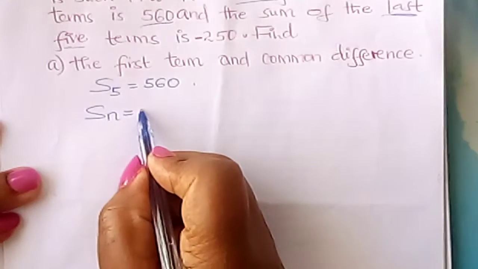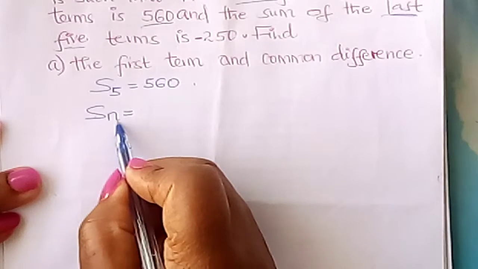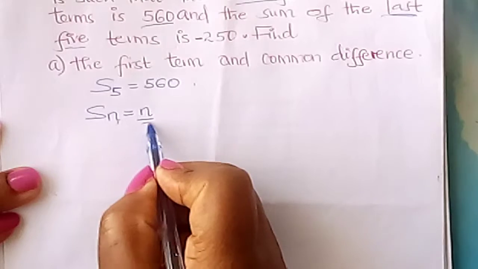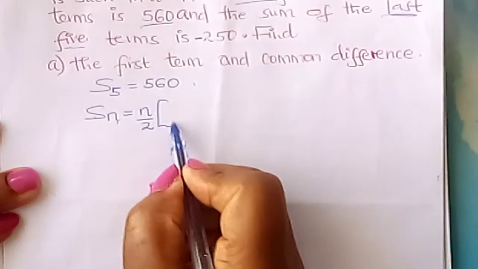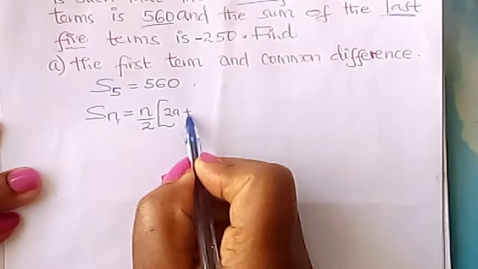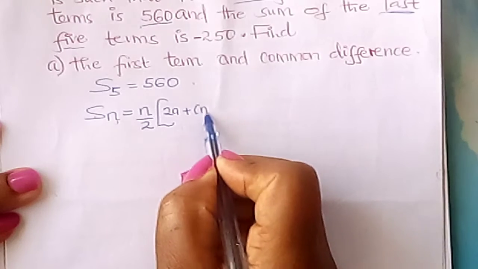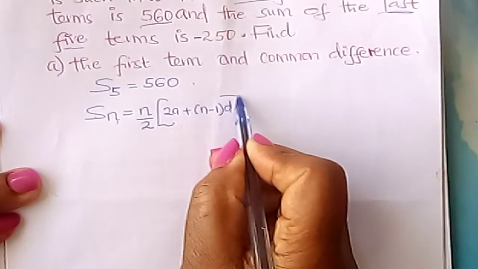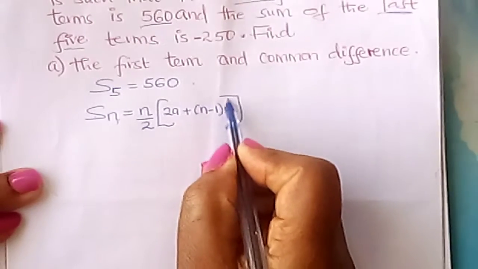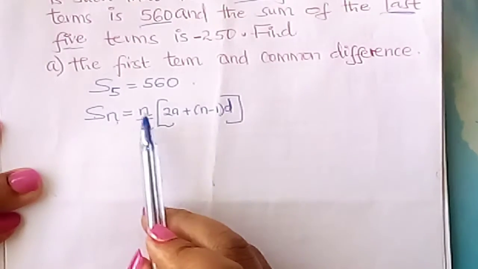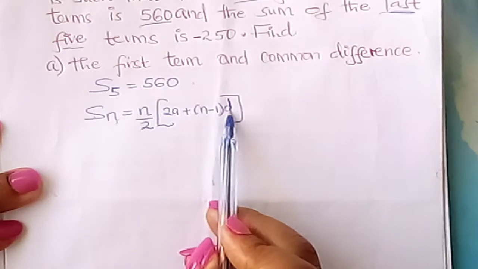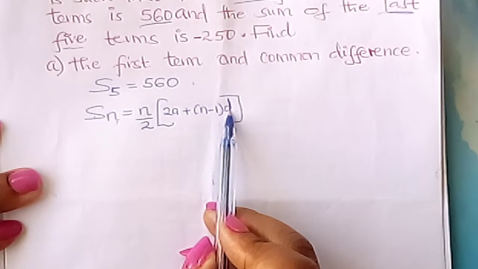The sum of the first n terms of an AP is given by Sn equals n over 2 times (2a plus (n minus 1)d). Master that formula, where n is the number of terms, a is the first term, and d is the common difference.